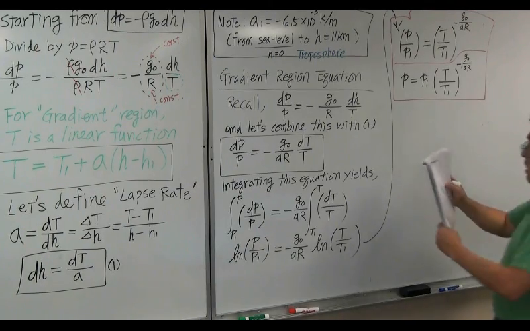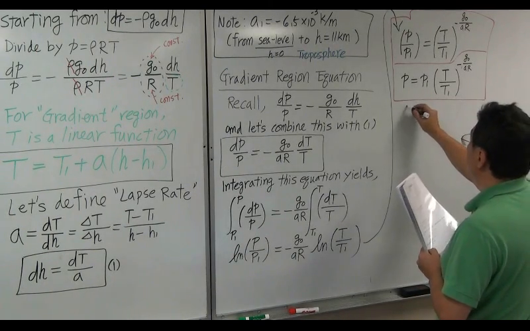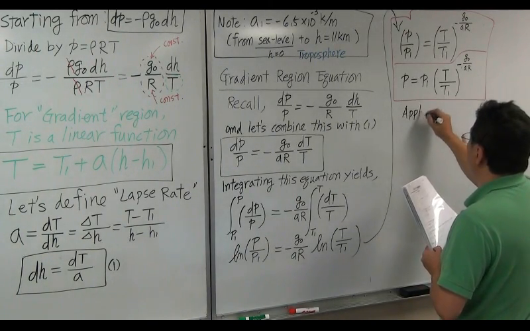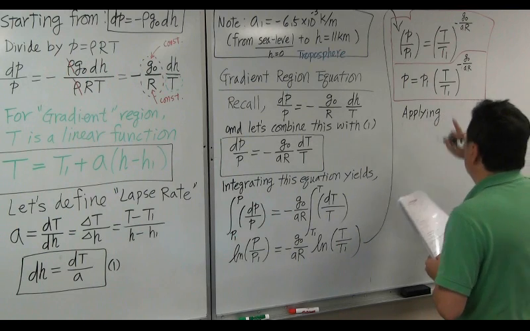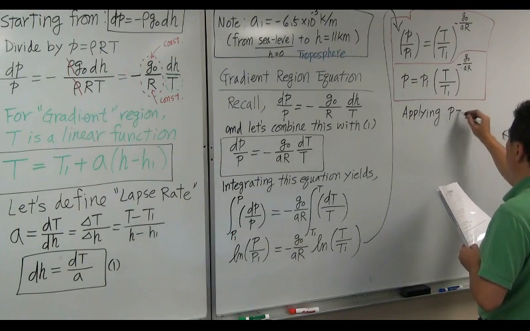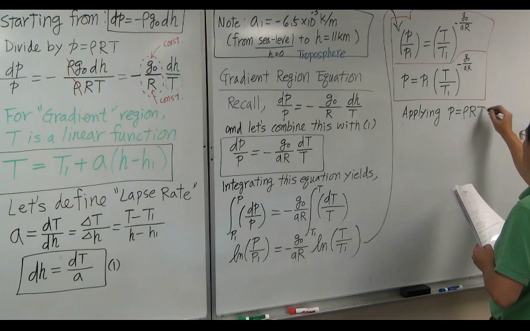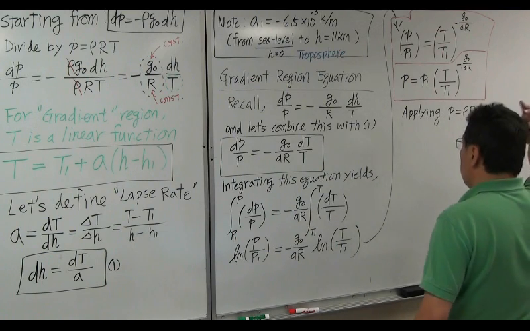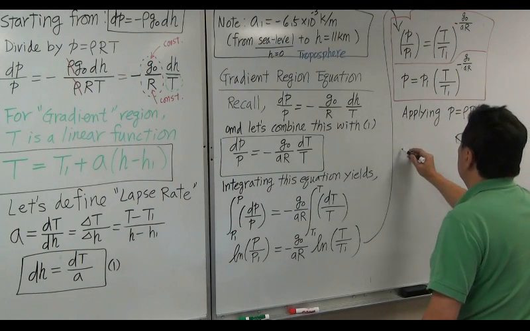Okay? Now we can also apply P equal to rho RT to this equation. Let's do that.